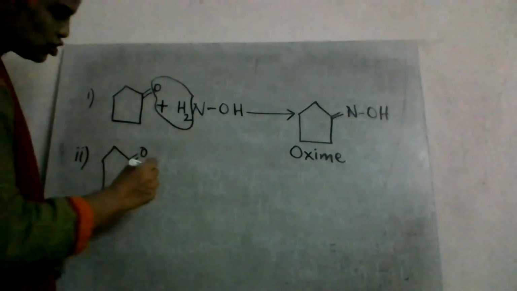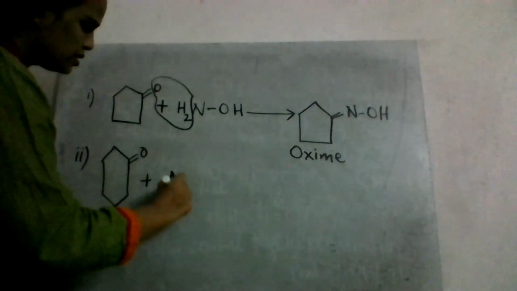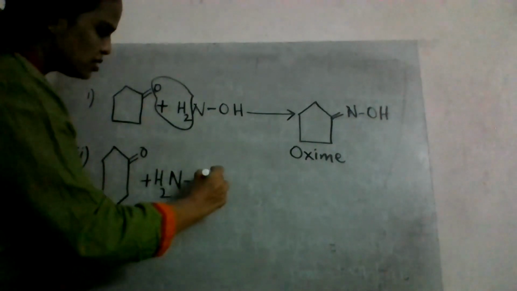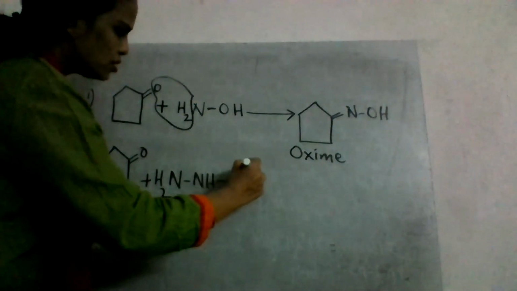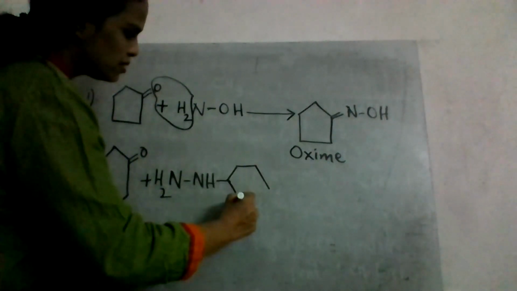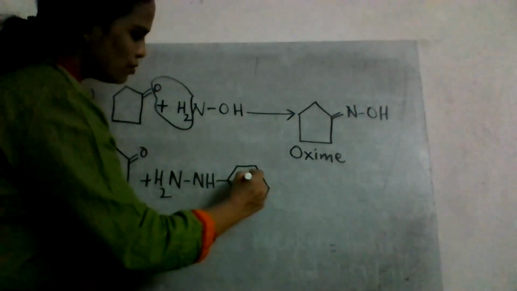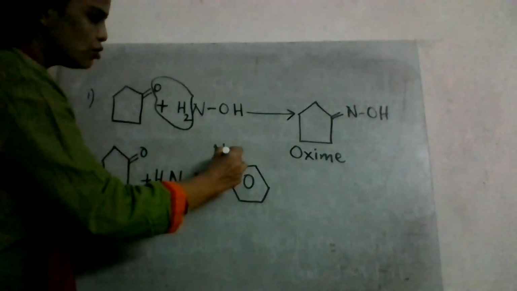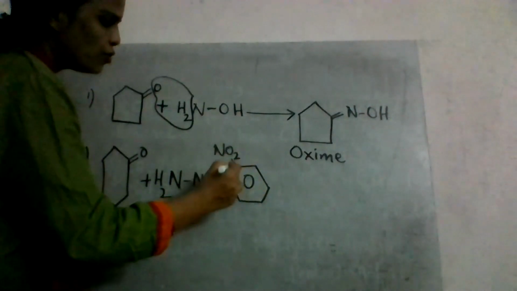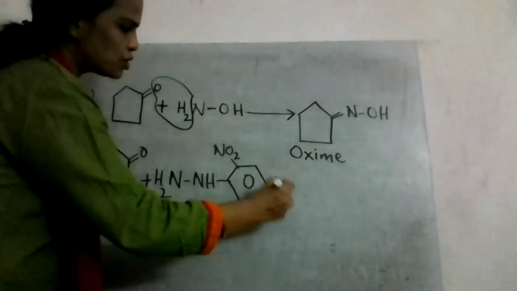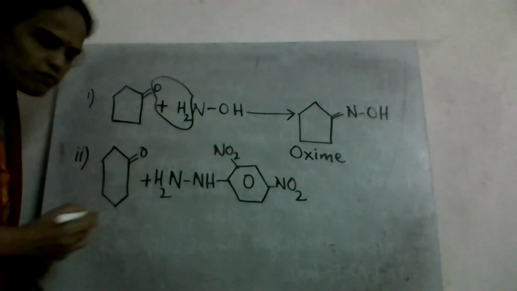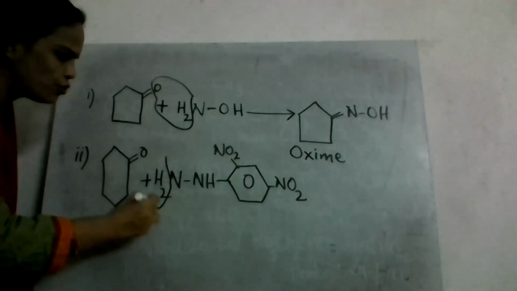So I am writing the structure of it, plus NH2, NH, draw the benzene ring containing compound. Second position put NO2 and fourth position put NO2 and make the product.